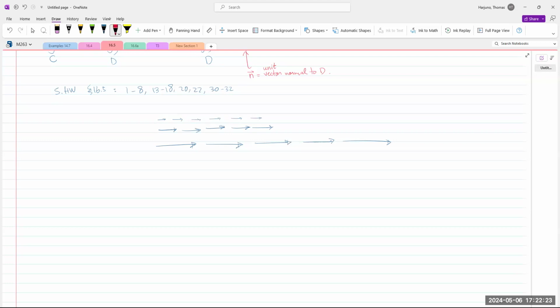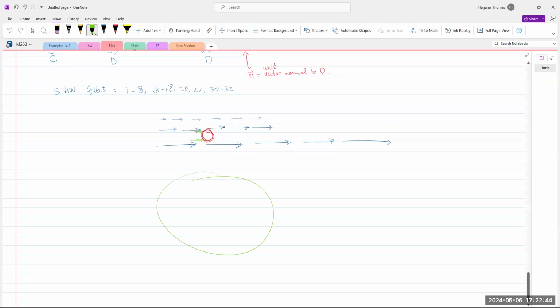Now, what happened then if you have an object here? Notice that the force that is pushing that sphere at the lower part is stronger compared to the force at the upper part.